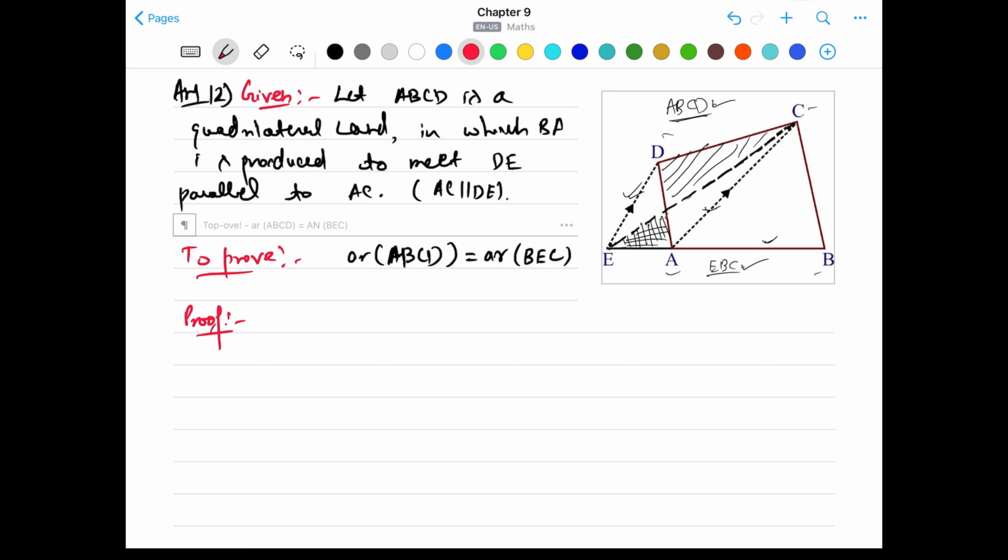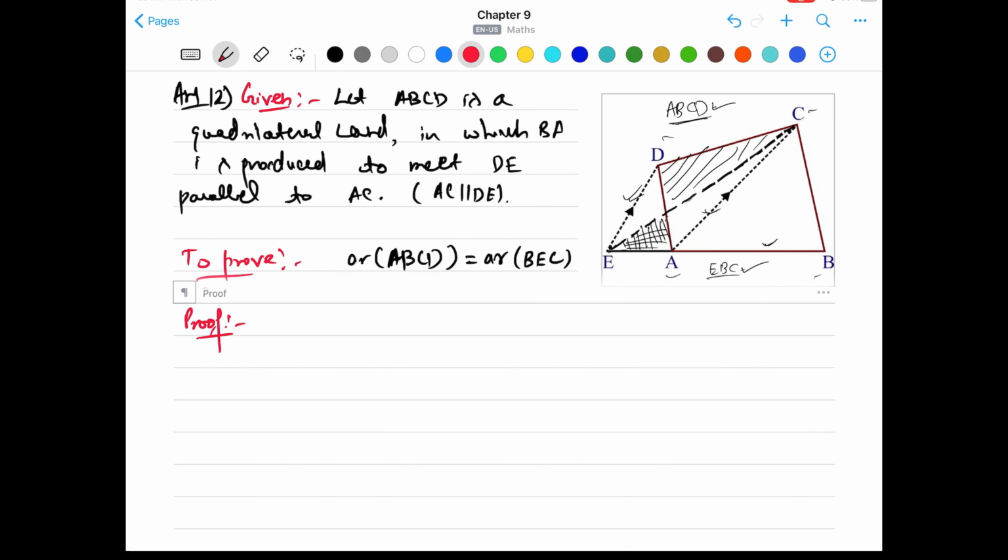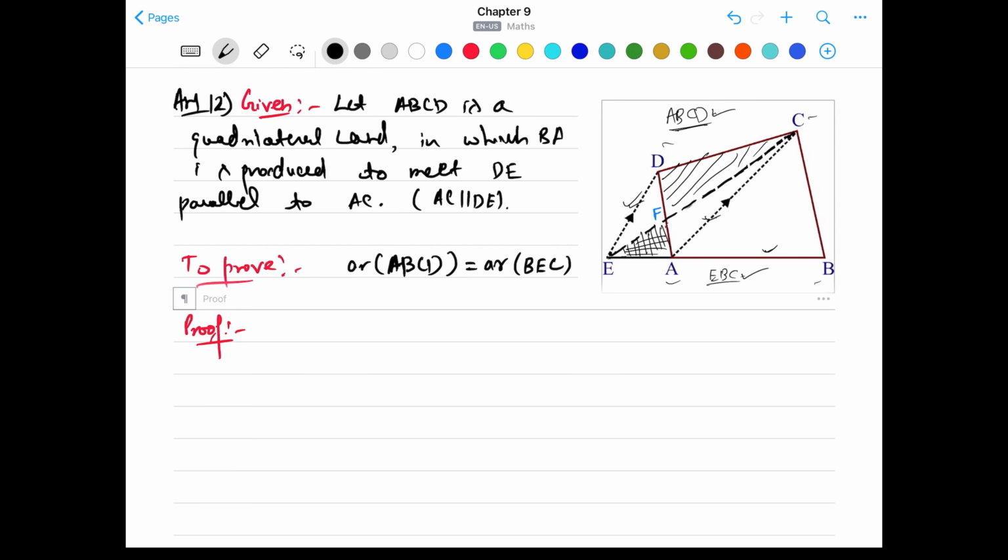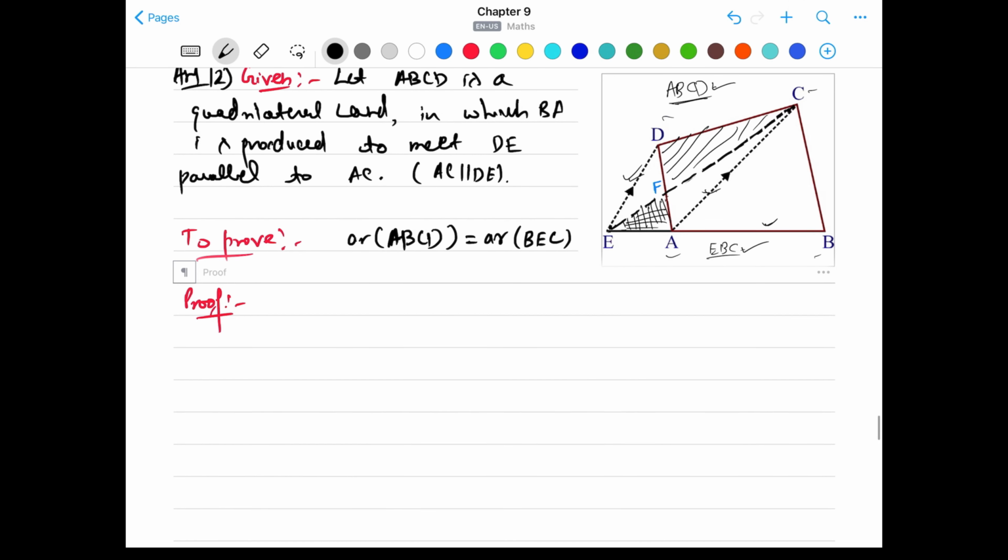You will see that there are two triangles, EAC and DAC. So we'll write, since the triangles EAC and DAC are on the same base.